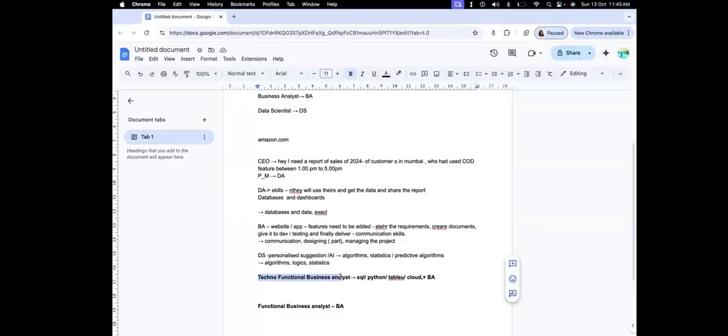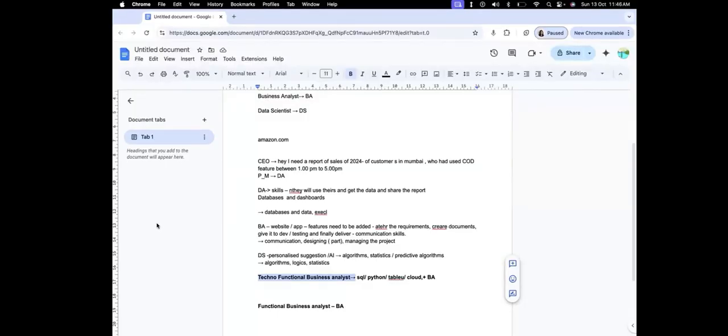That person should do some part of data analyst work also, like extracting the data from the database, creating the tables, and the business analyst part also. So currently in the market, we have demand for techno-functional business analyst, where you have to have some sort of technical knowledge, at least SQL knowledge, so that you can at least understand how data is extracted from the database.